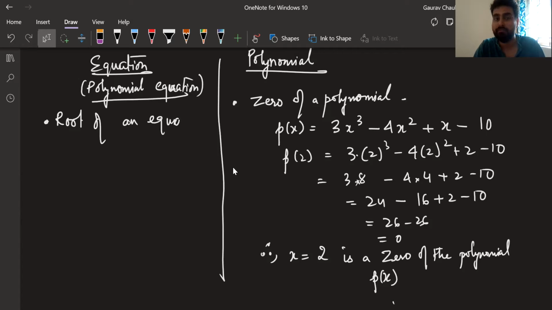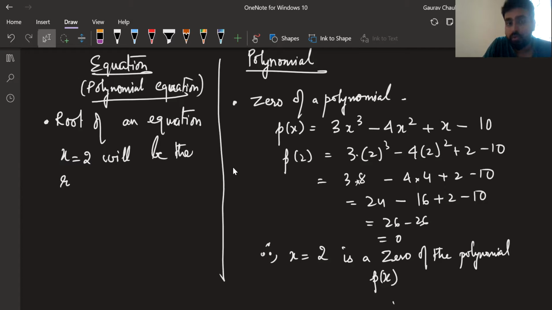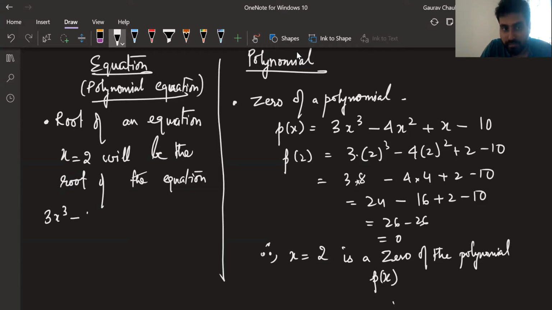So x equal to 2 will be the root of the equation p of x equal to 0, that is basically 3x cube minus 4x square plus x minus 10 equal to 0.